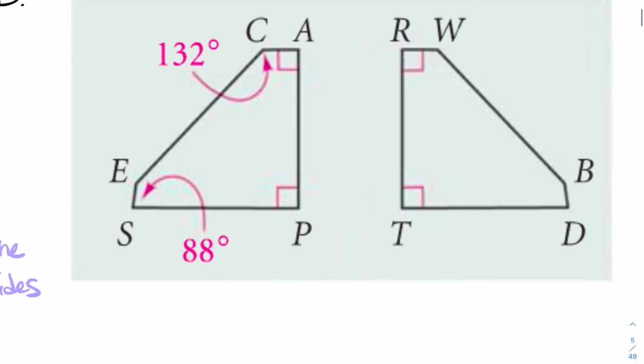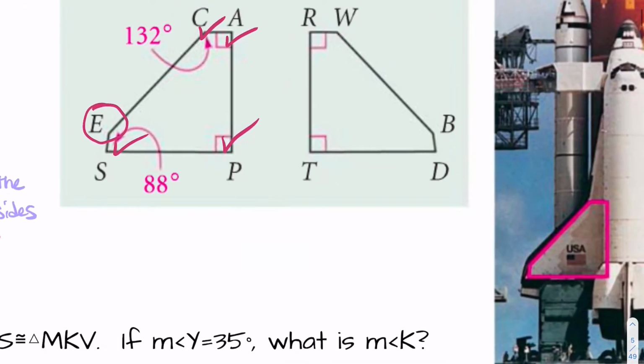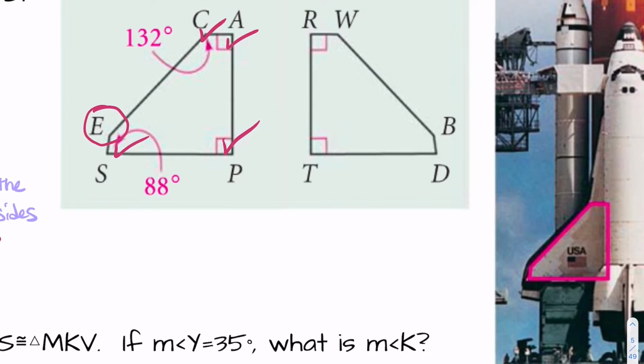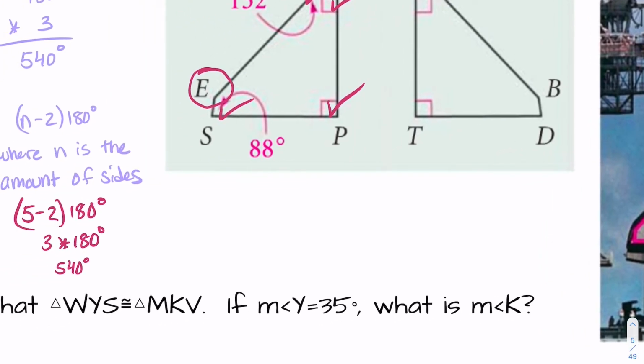Because I already have this angle here, this angle, whoops, let me use a different color, this angle, this angle, this angle. What I'm going to look for is my last angle E, which I was never given. So with that, 540 degrees, take away what I know.